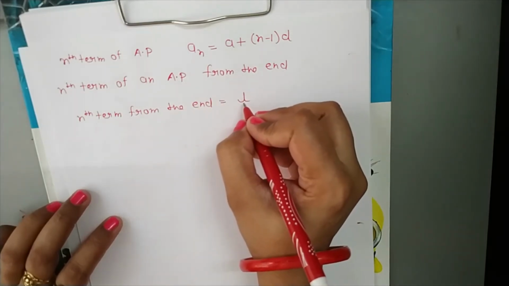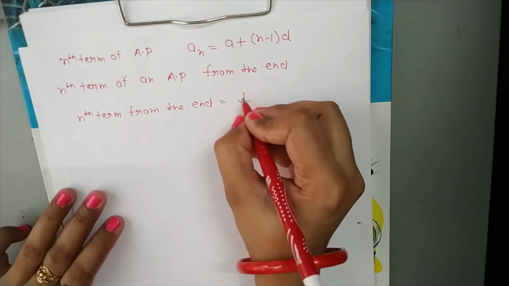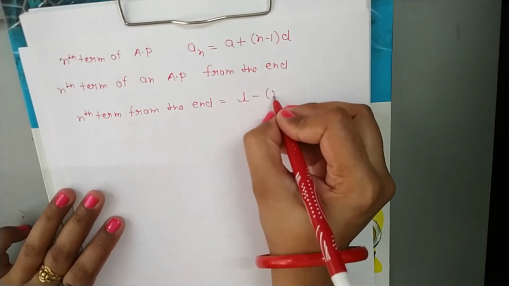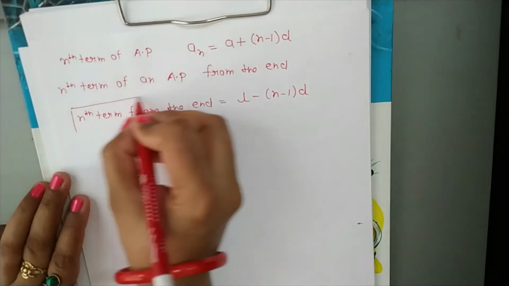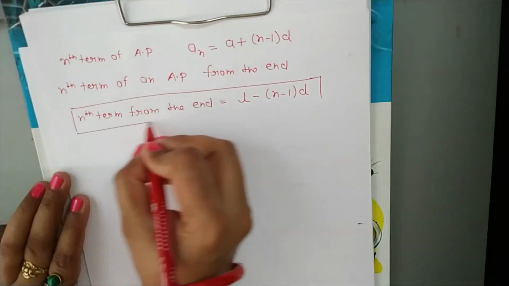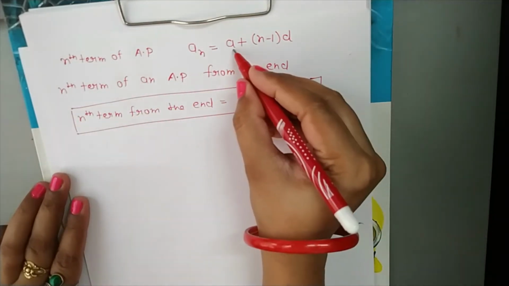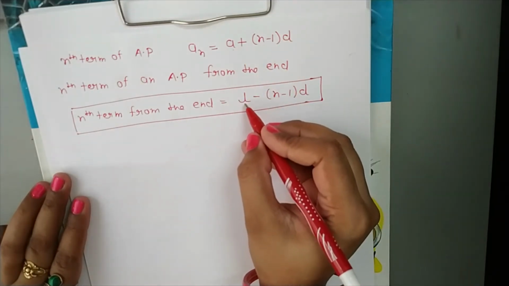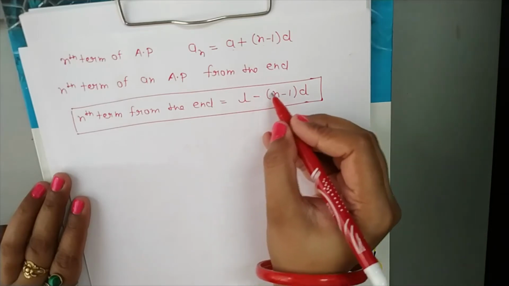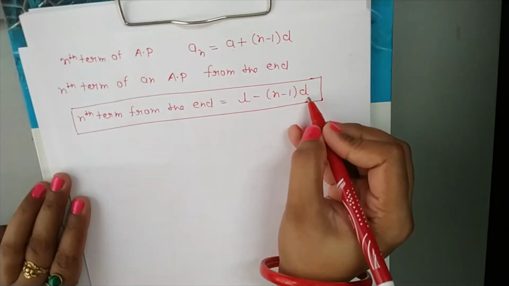It is easy to remember: here it is a + (n - 1)d, and from the end it is L, that is the last term, with a minus sign, (n - 1)d.